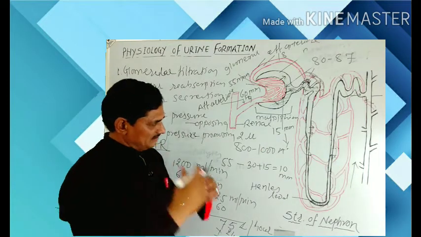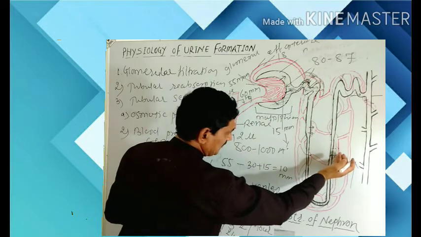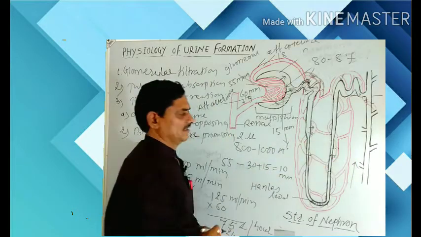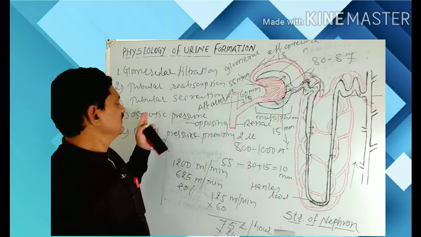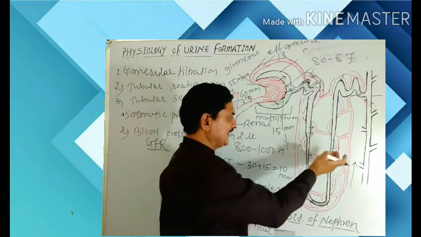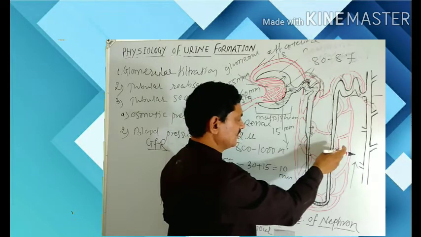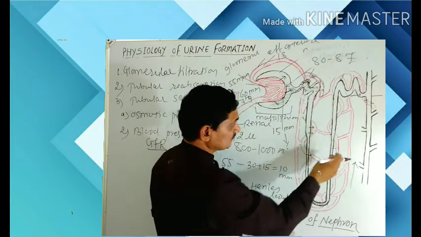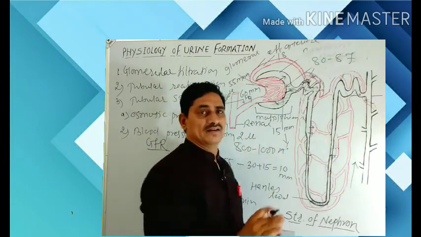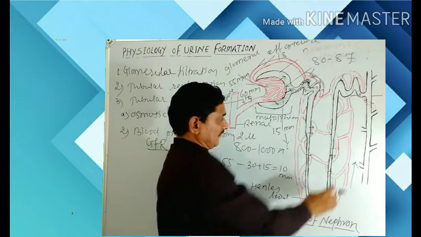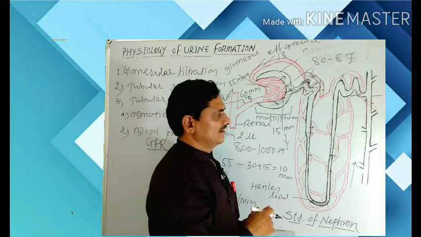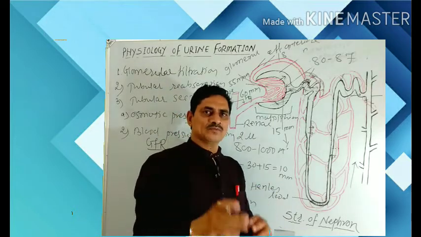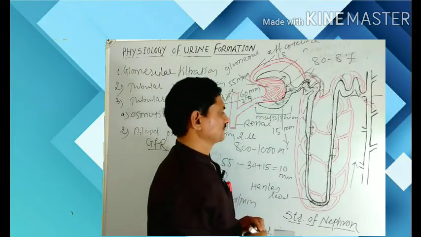They are transported actively from the blood capillaries to the lumen. Therefore, this is called active secretion. They directly form a part of urine.